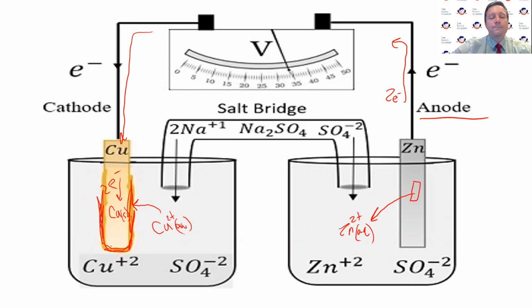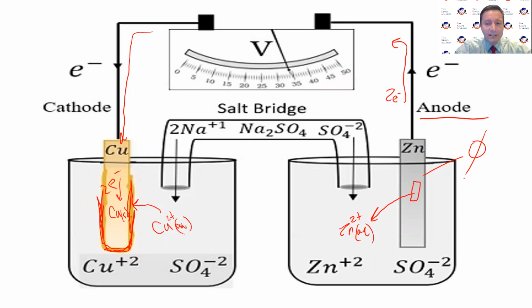They're going to build up. So what's happening on this side here is the zinc is diminishing and will end the reaction once the plate is gone. That is how a galvanic cell works.